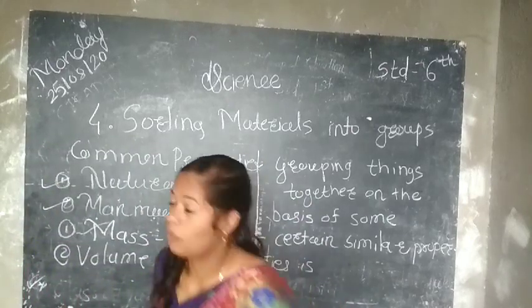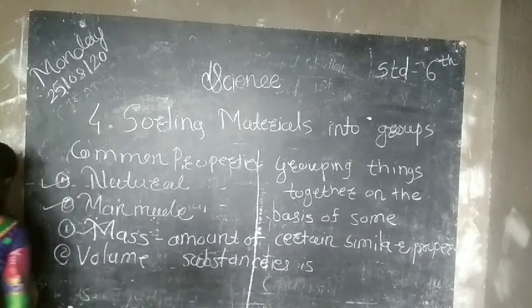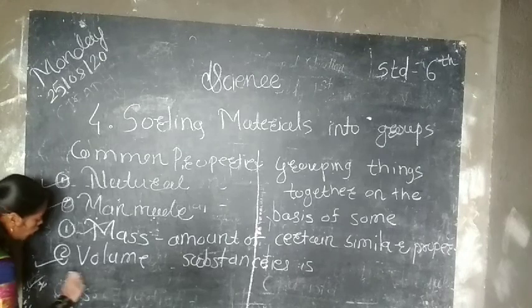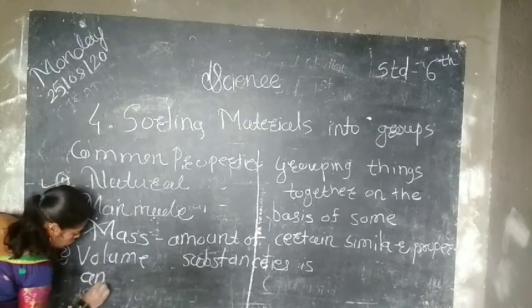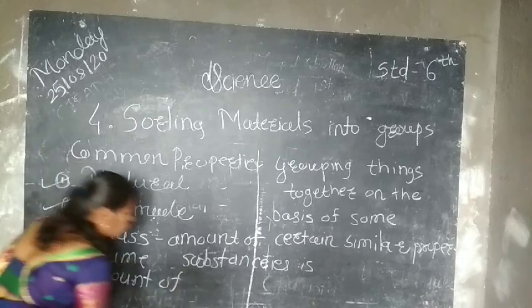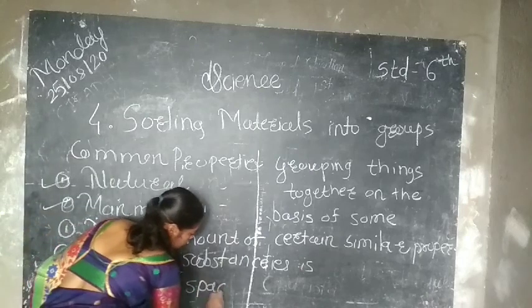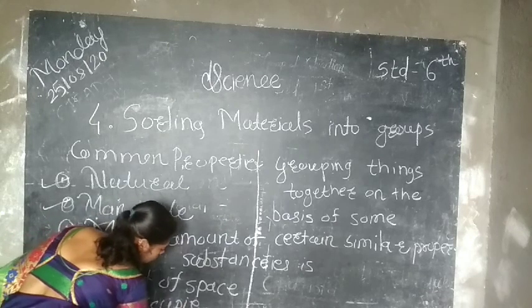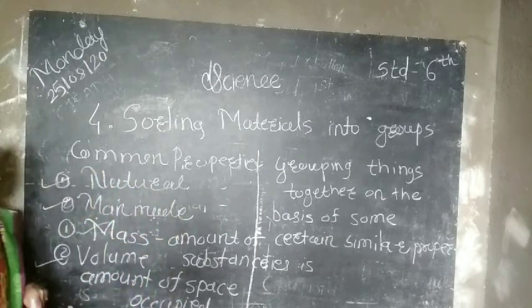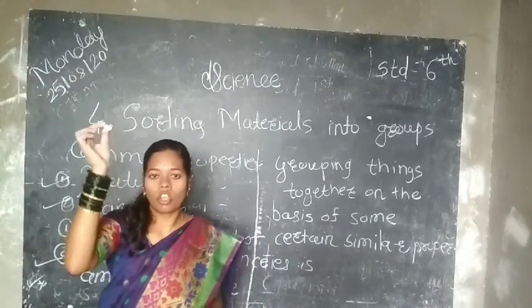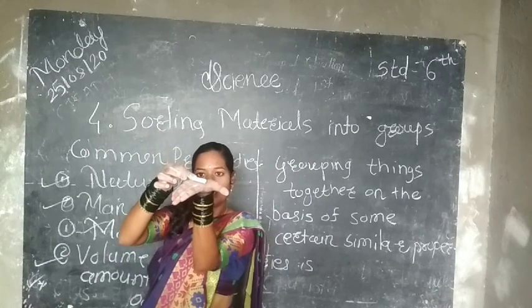Second and most important thing, volume. What is the volume? The amount of space occupied by a particular thing. Amount of space means, see, I have this chalk and it will be here.